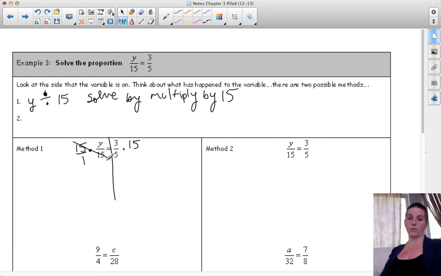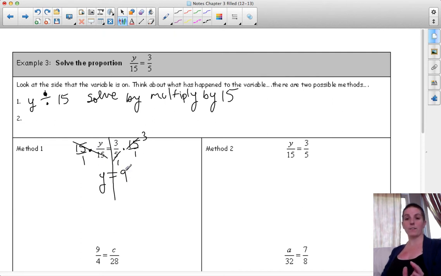So 15 over 15 gives me a 1. And that's now 1y, or just y, equals 15 over 5 gives me 3 over 1. And 3 times 3 is 9. And 1 times 1 is 1. So y is equal to 9 is my answer.